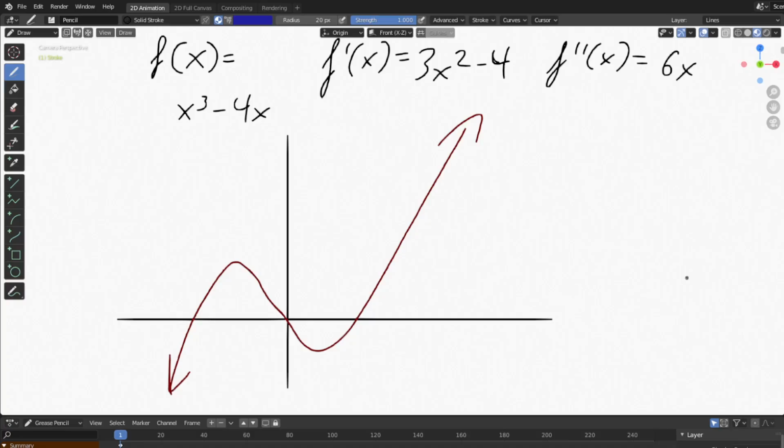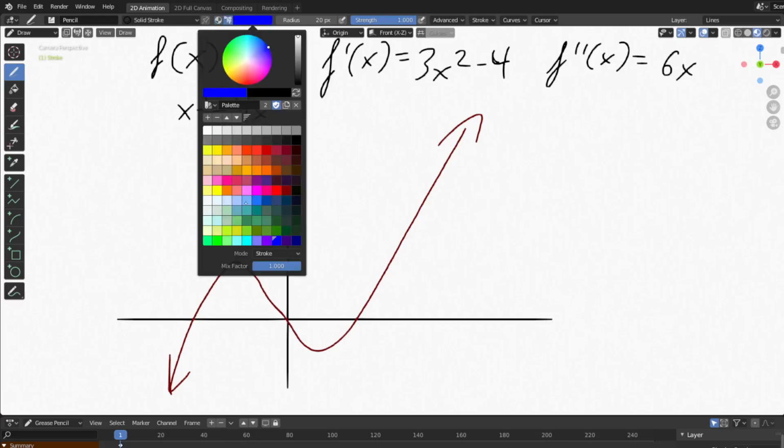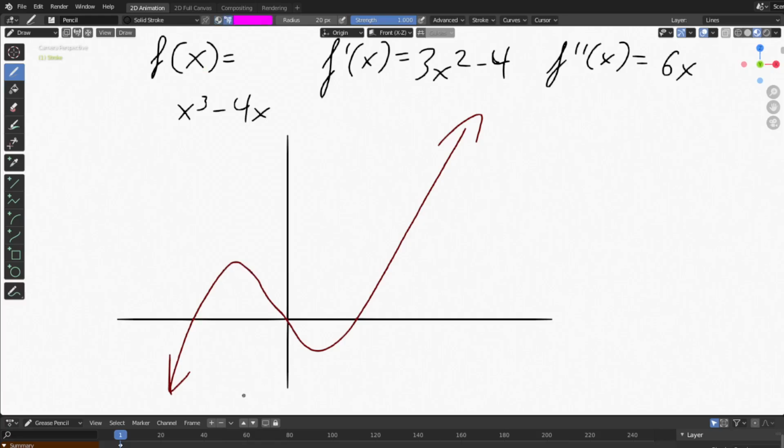The way to find where this original function f of x changes from concave down to concave up is by looking at the second derivative. So if I were to graph the second derivative, I'm going to make it this pink color. I don't actually like pink, but yeah, and then we're going to quickly notate stuff because now we know what this function is. That's 2, that's negative 2, 2, 3, 4, 5, 6.